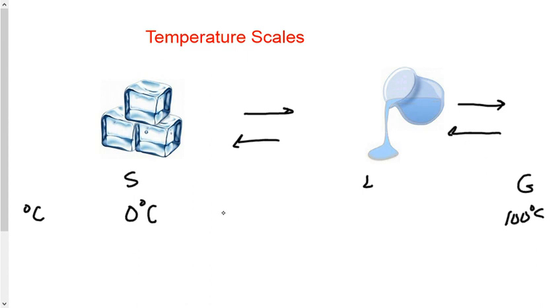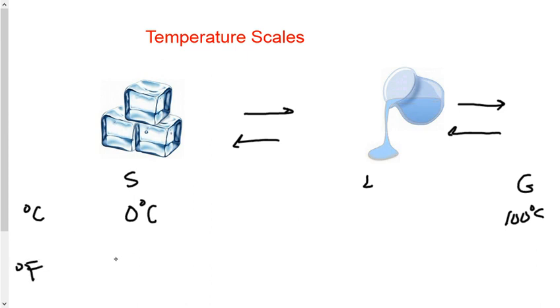And what do we do? We simply break that down into 100 pieces in between. So that's where Celsius comes from. 0 degrees Celsius is the freezing point of water, and 100 degrees is the boiling point. What about degrees Fahrenheit?